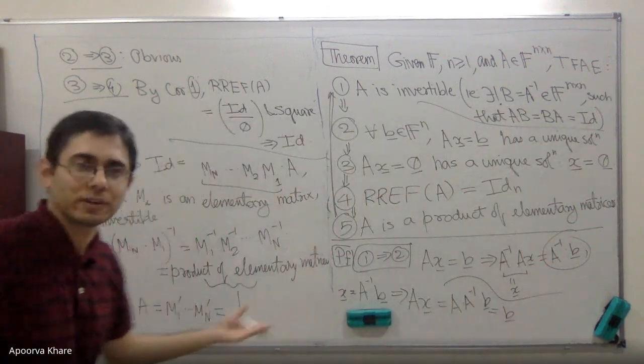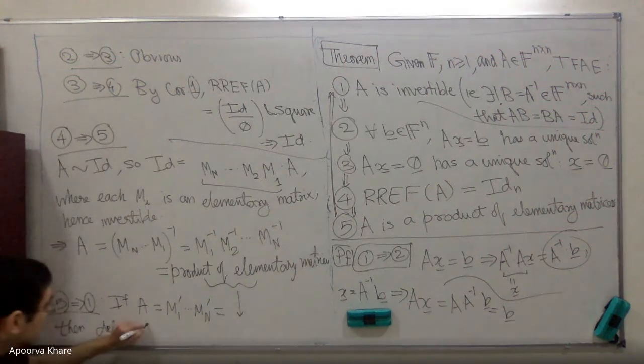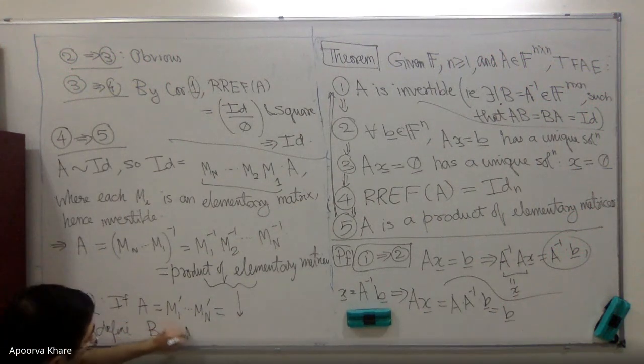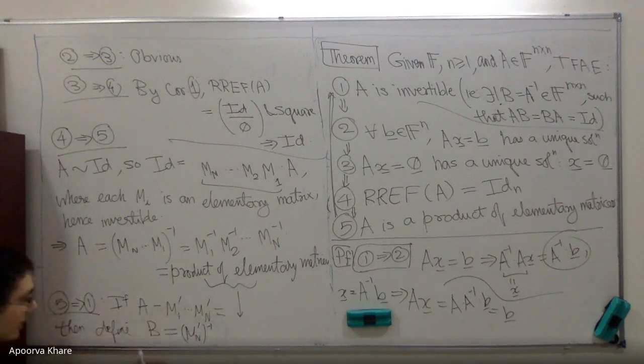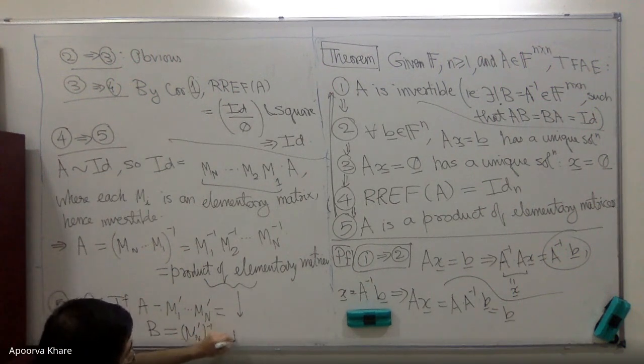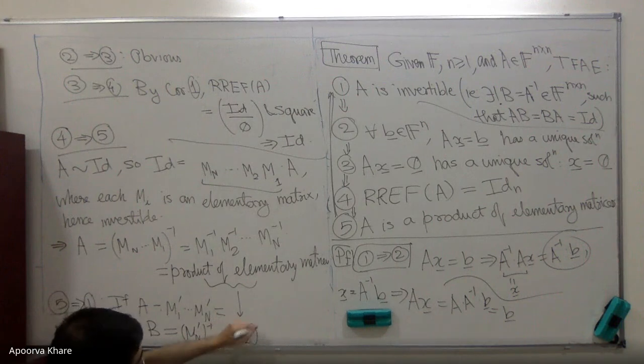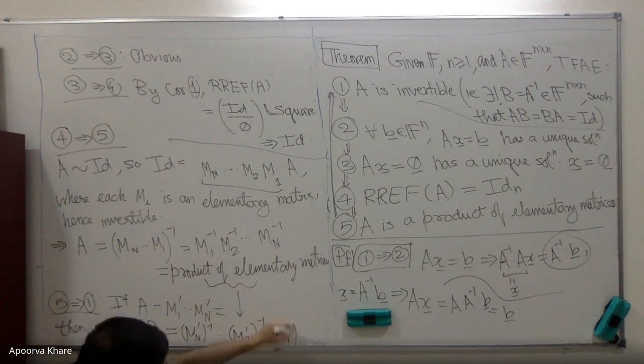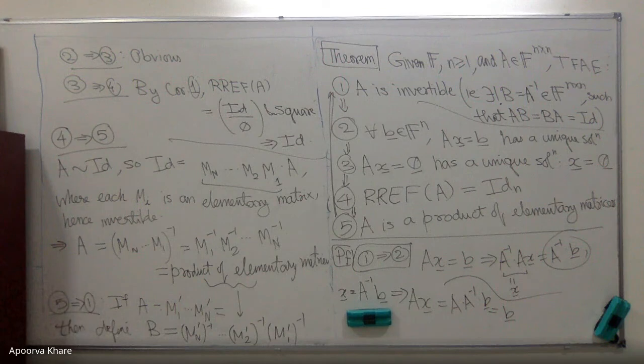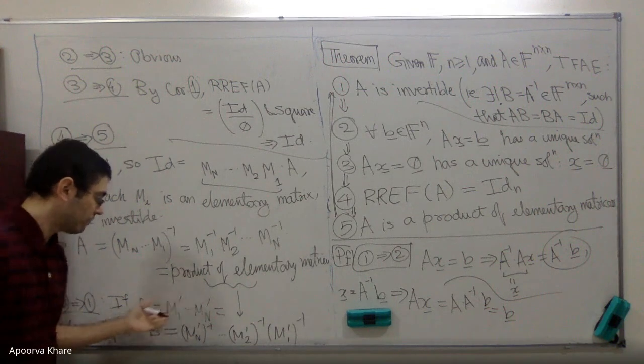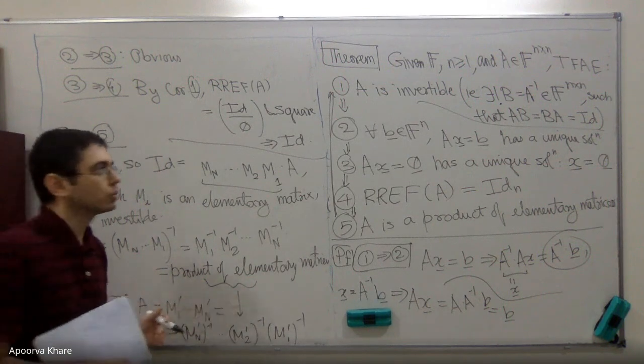Let me give you that matrix B. Define B equals Mn prime inverse, and so on, down to M2 prime inverse, M1 prime inverse. I'm just taking the inverse of this product, right? Now just multiply this by A and check that this is true.